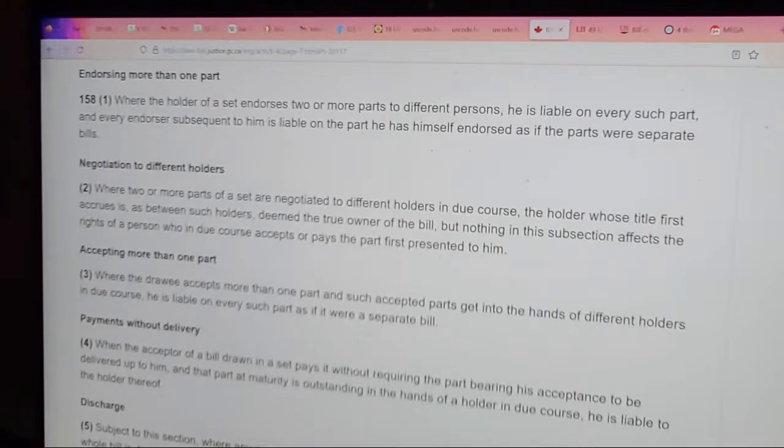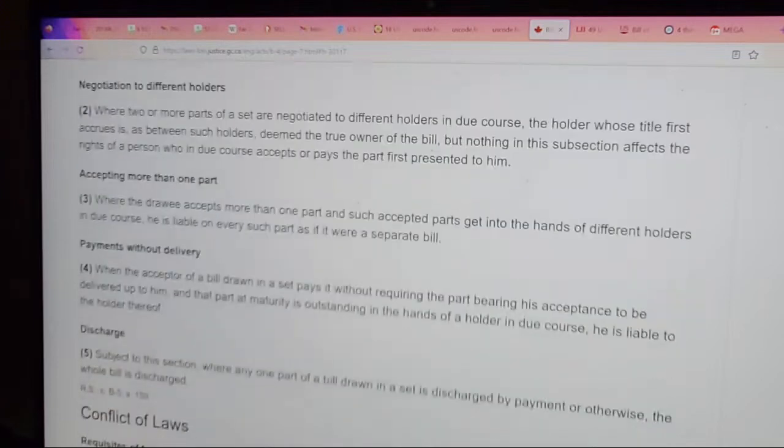Endorsing more than one part. 158.1. Where the holder of a set endorses two or more parts to different persons, he is liable on each such part, and every endorser subsequent to him is liable on the part he has himself endorsed as if the parts were separate bills. Negotiation to different holders.